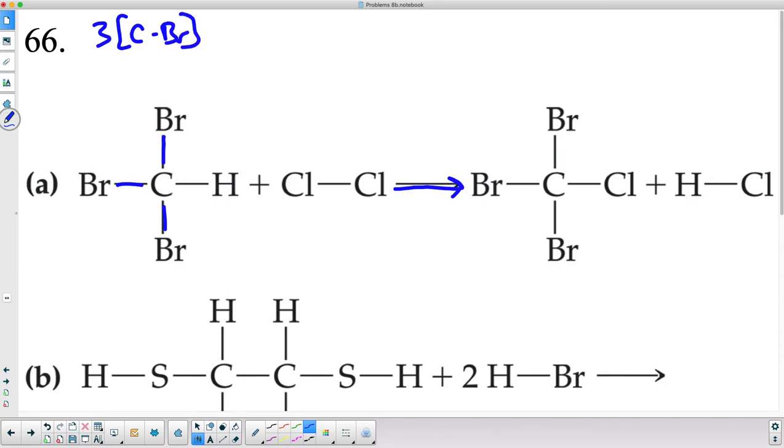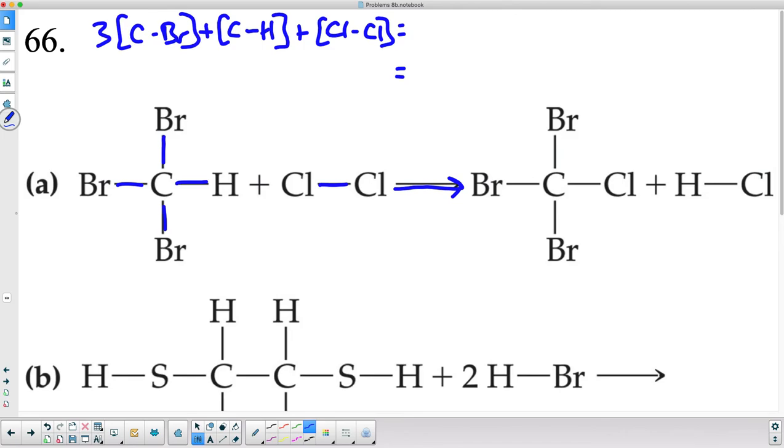I don't know how much that is yet, so 3 times that. I have a C-H bond, and then I have one Cl-Cl bond. I'm going to add those up, and I'm going to subtract them from the amount I get after the arrow.